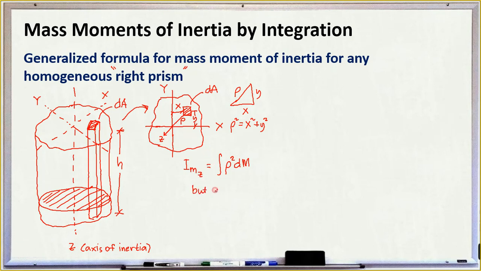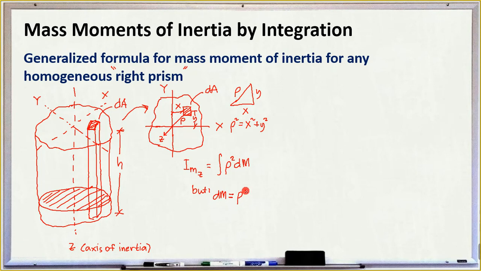But dm, our mass, is equal to density times the volume. And what is the volume of our differential volume, which is a rectangular prism?